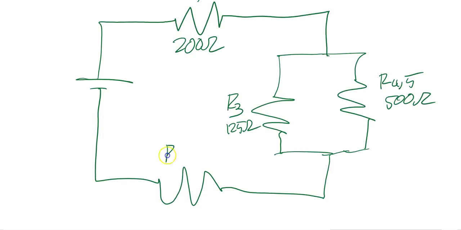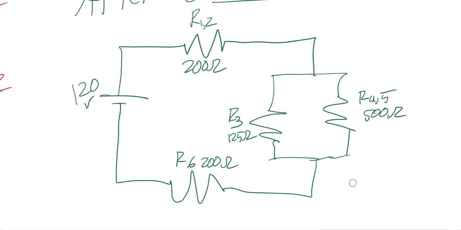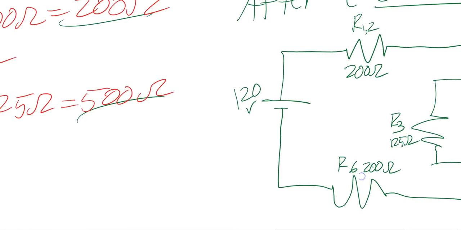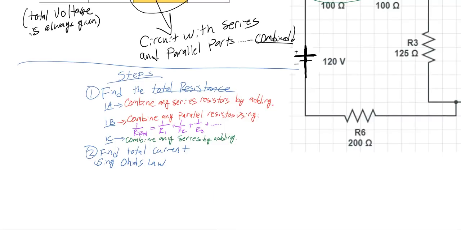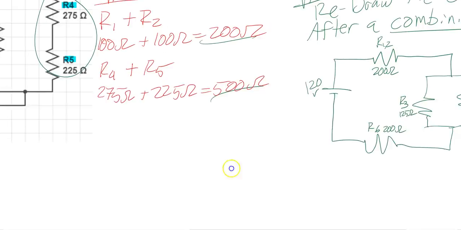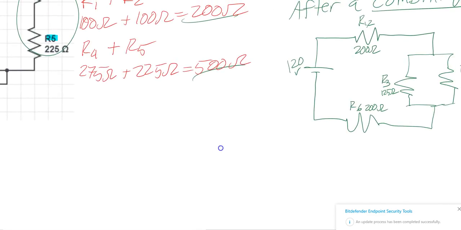And then this one's still R6 with 200 ohms. Okay, all that we did was make this more simple and this more simple. So now we're going to do 1B, combine any parallel resistors with that awesome looking equation. I'm going to do this.